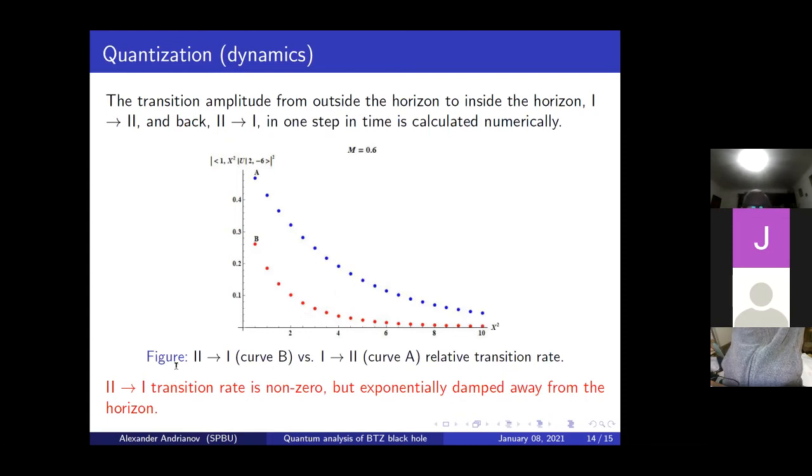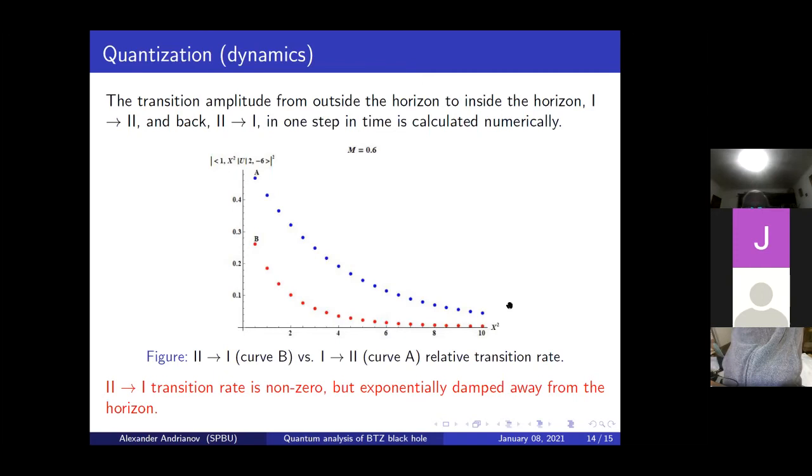One is from inside of the black hole to outside. It is the lower line. And the behavior is, after we cross the horizon, exponentially decreasing. Not strictly zero, but exponentially decreasing. There is a quantum penetration.